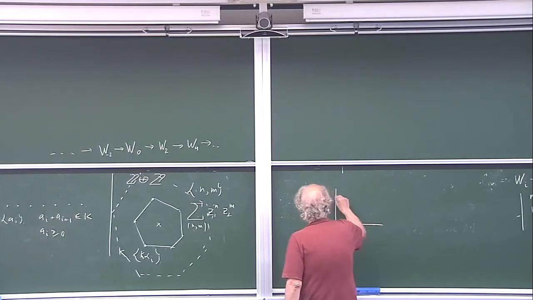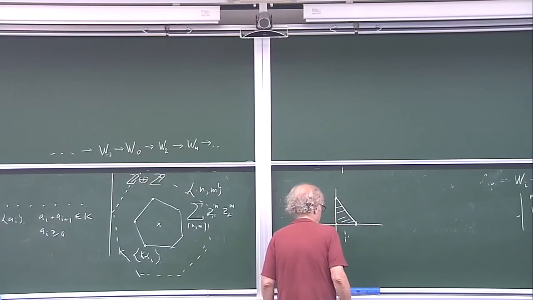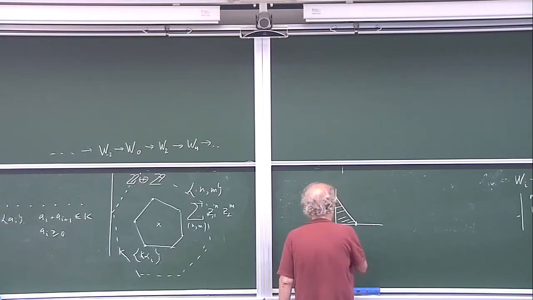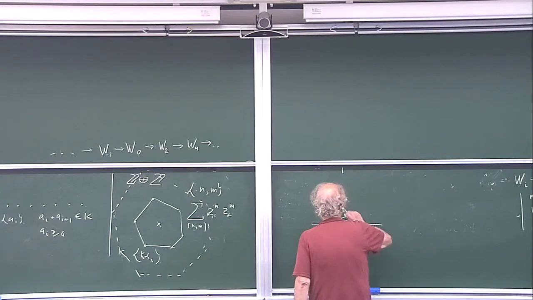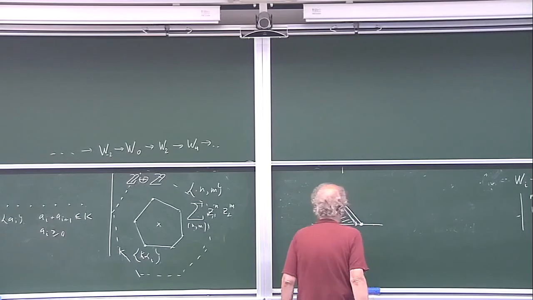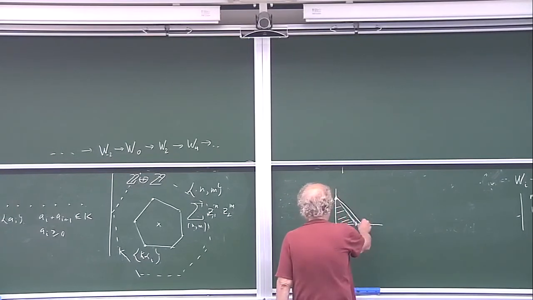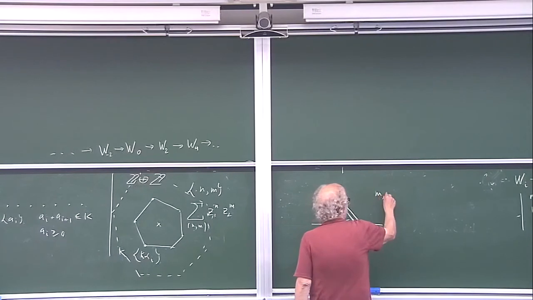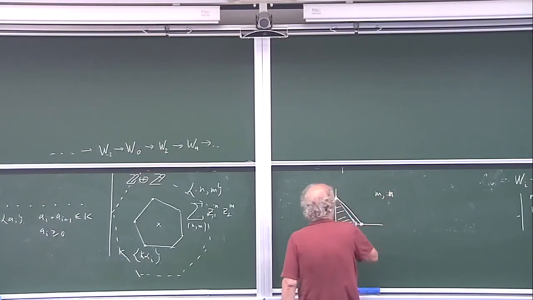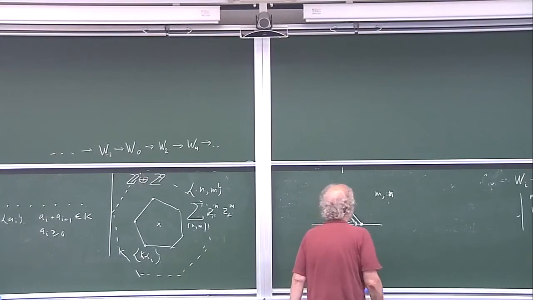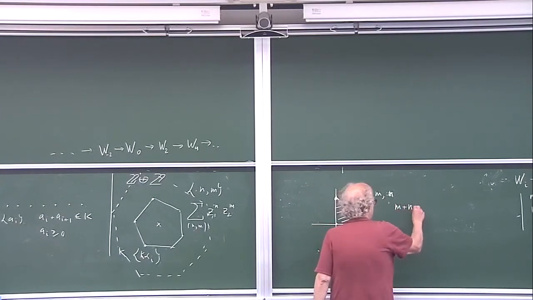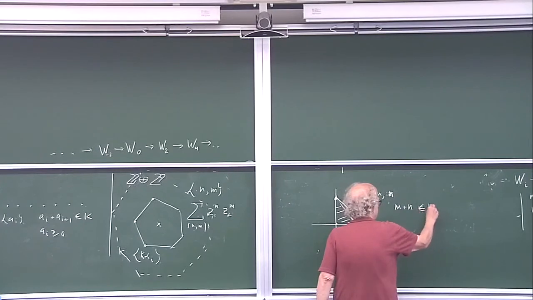Suppose my polytope is a triangle, and m and n are non-negative numbers, and m plus n is less than or equal to k.